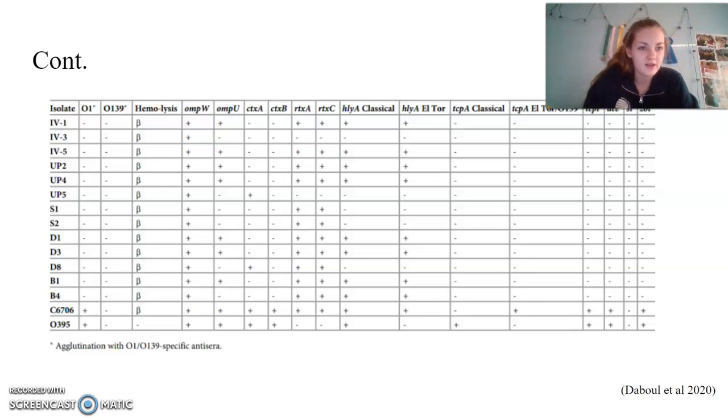Now, in this study, the transmission wasn't explicitly determined. There was not a survey of cases in the surrounding area. However, based on the fact that there are only 2 isolates from this sample that were positive as O1 serogroups, and none that were O139, and the fact that this was a sample taken from the United States, it would be safe to assume that there were not many cases in this area due to the water sanitation practices and the fact that there are low amounts of toxigenic strains.